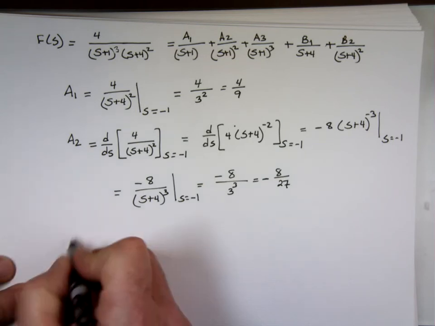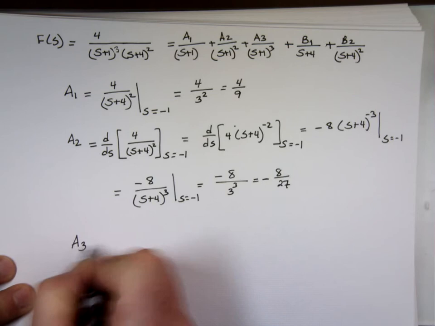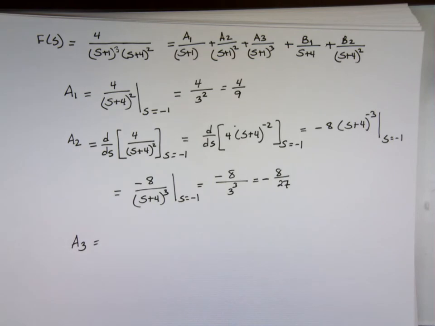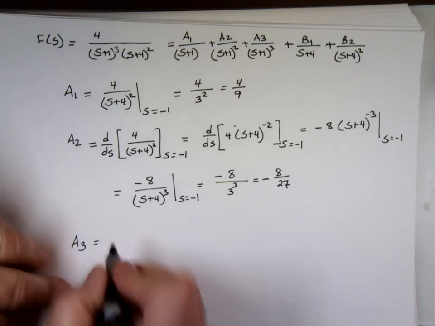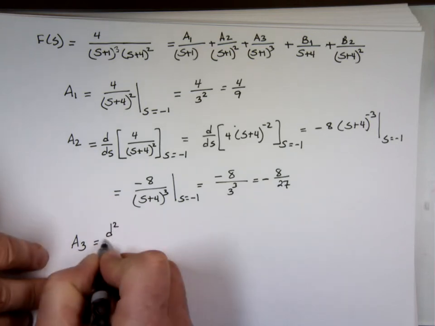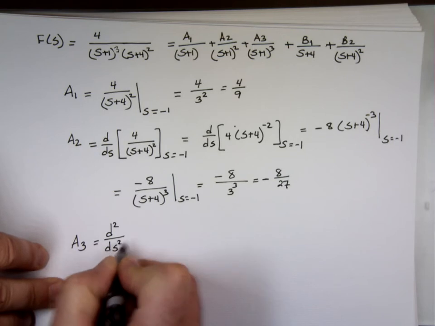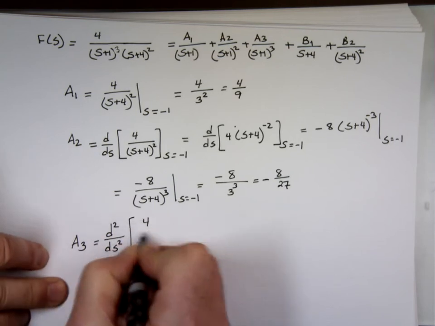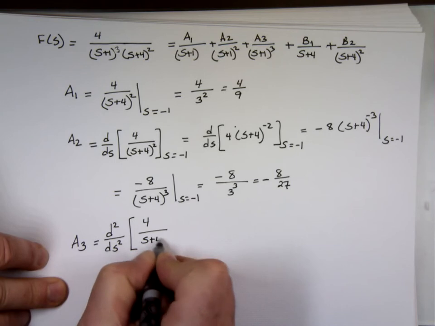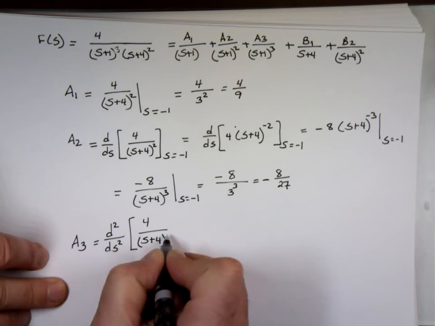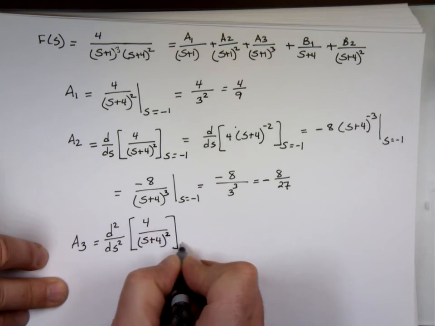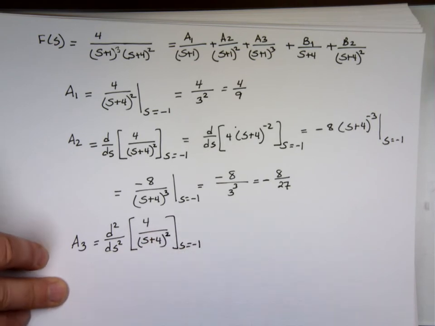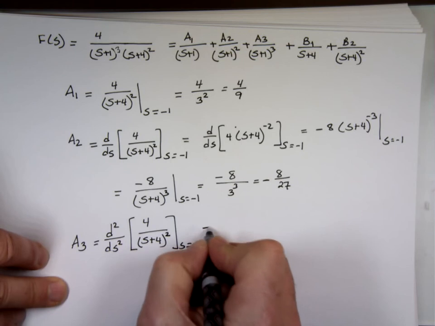A3. A3 is the second derivative of 4 over s plus 4 squared, when s equals negative 1, which is the derivative of the first derivative.